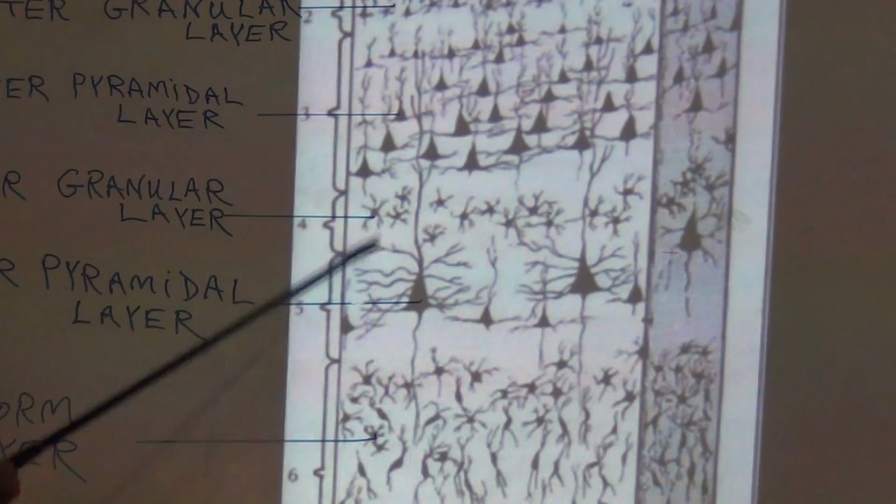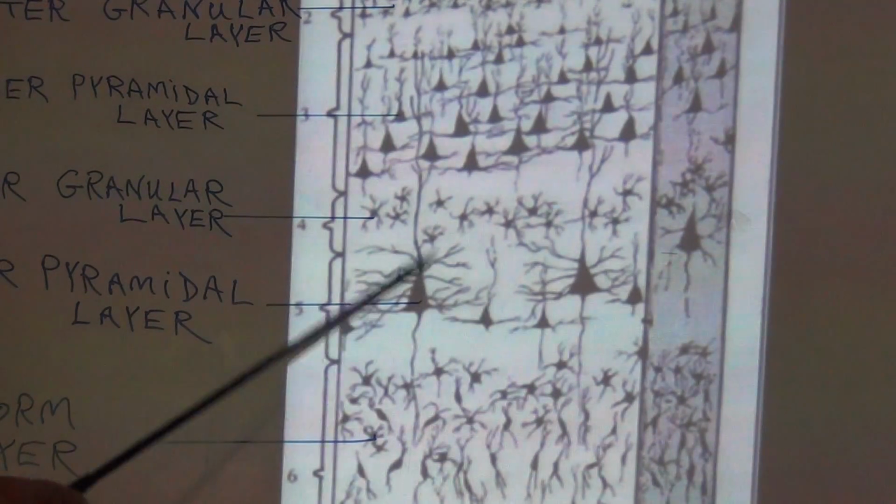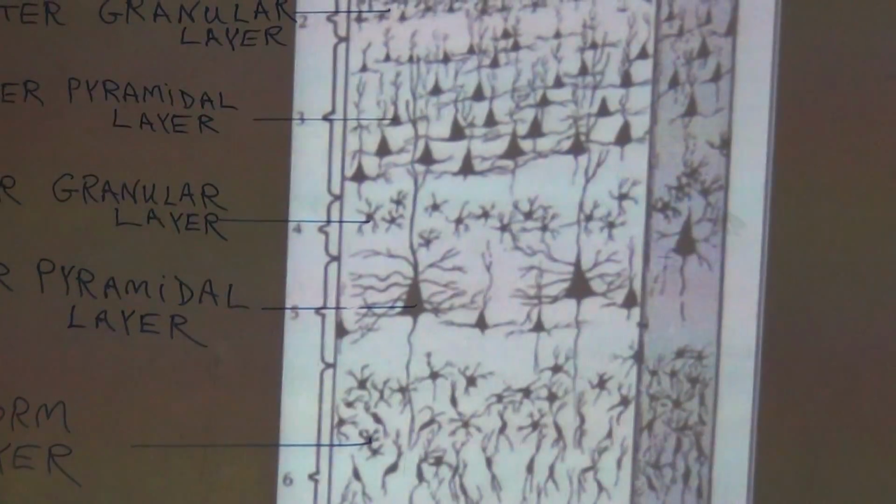Now this region also contains glial cells, especially the protoplasmic astrocytes, microglia, and oligodendrocytes.